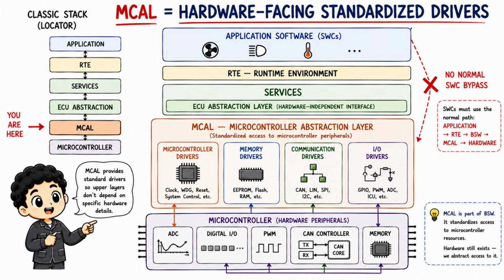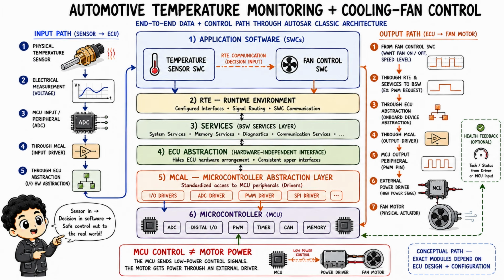Now, look at the whole stack through one concrete path. Suppose a temperature sensor produces an electrical signal that the ECU measures. At the bottom, the microcontroller peripheral receives that signal. An appropriate MCAL driver accesses the peripheral. ECU abstraction can hide details of how that sensor is connected on this ECU. Through the configured AUTOSAR interfaces and the RTE, the temperature sensor software component can receive a usable value without reading a hardware register directly.